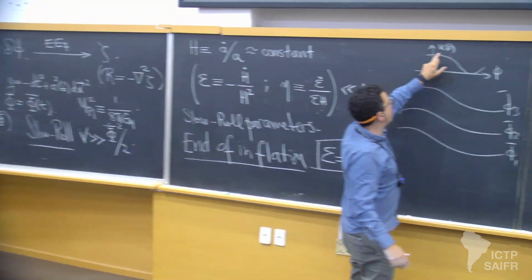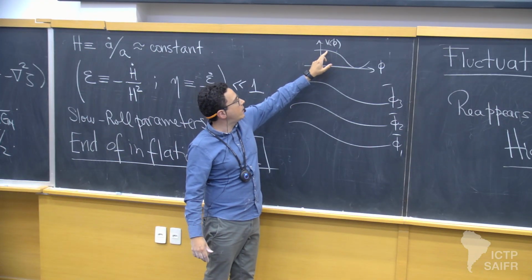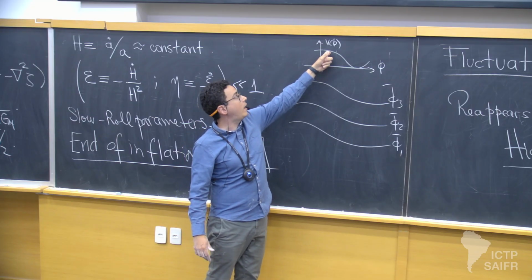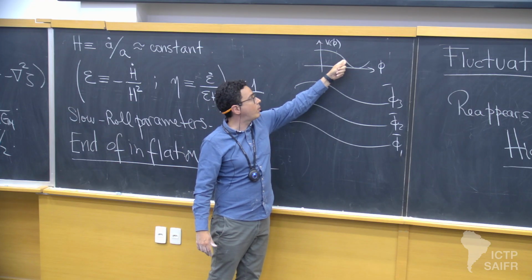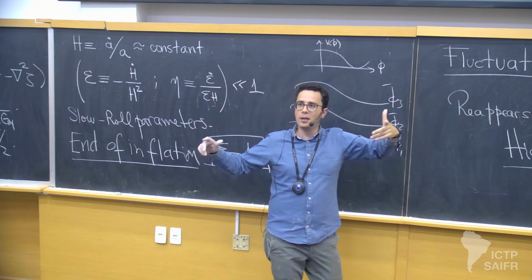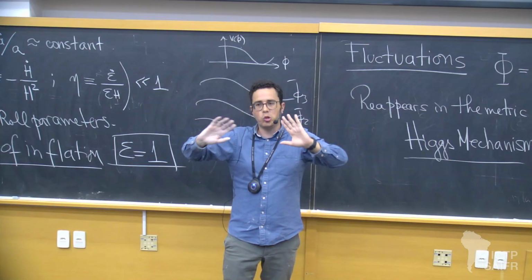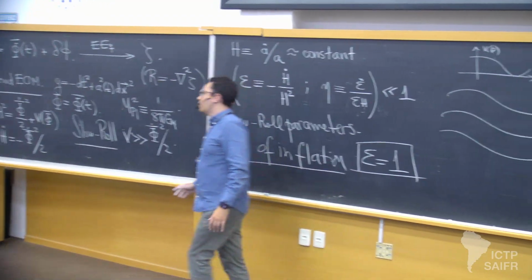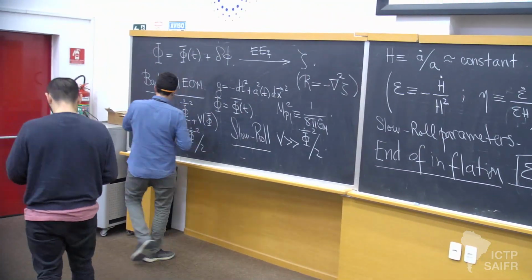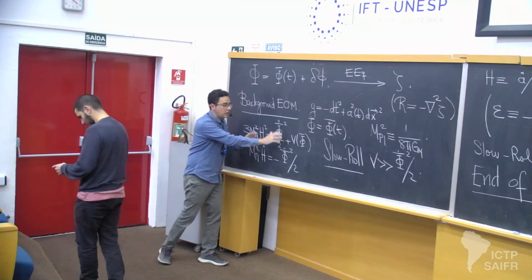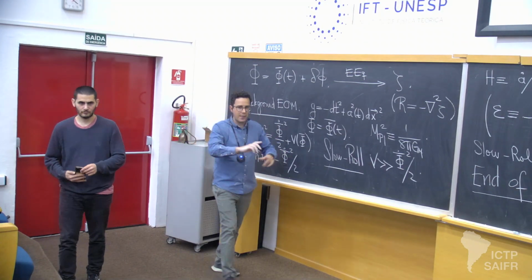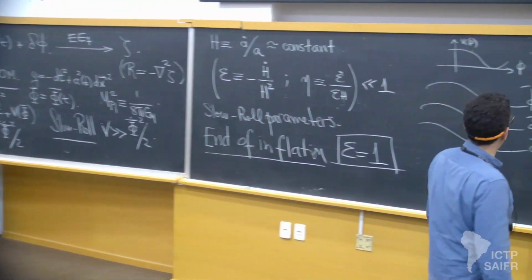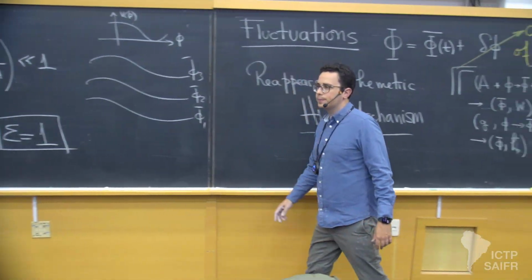The modes that exit the horizon very early during inflation experience large H. The ones that exit the horizon later experience small H. That's pretty much all you need. You don't really need to solve this in any detail beyond that. Sometimes you go back and use these equations to figure out exactly the map between a given wave number and the Hubble rate that wave number experiences. Perfect, thank you.